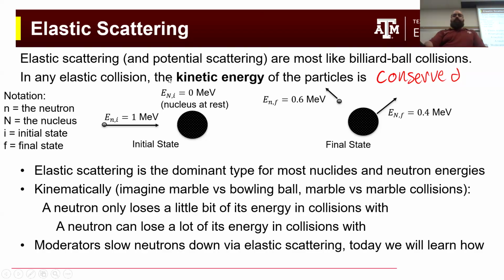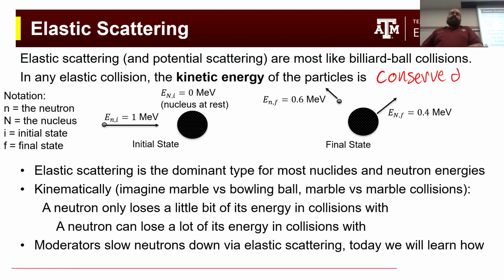So if we use some notation, little n to denote the neutron, big N to denote the nucleus, I to talk about the initial state, and F to talk about the final state, like if we imagine that we have a neutron with initial energy of 1 MeV colliding with the nucleus at rest, if it was an elastic collision, it means that the kinetic energy before and the kinetic energy after balance out, right? I have 1 MeV at the beginning, and in total, I have 1 MeV at the end.